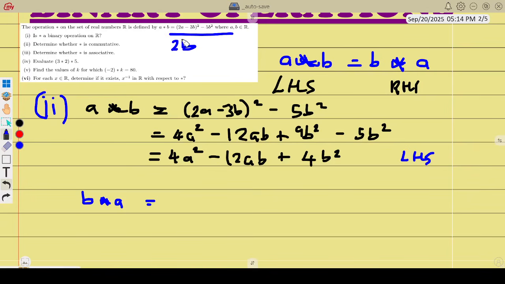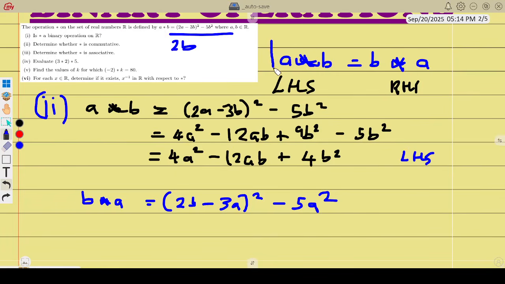By now you understand. So we write 2B minus A is now the last thing, squared, minus 5A squared. Remember, we've just swapped. While there was A, we now put B. While there was B, we put A.